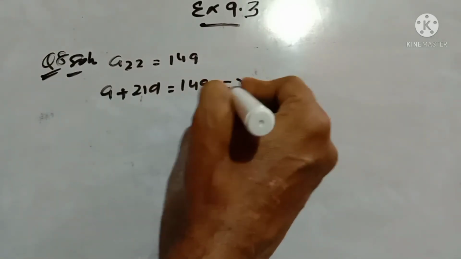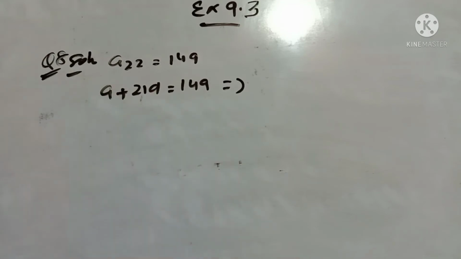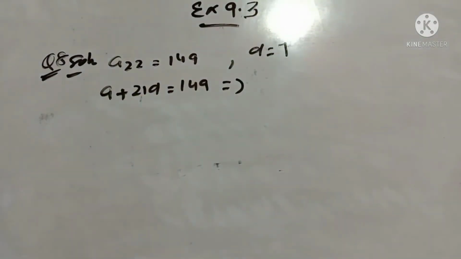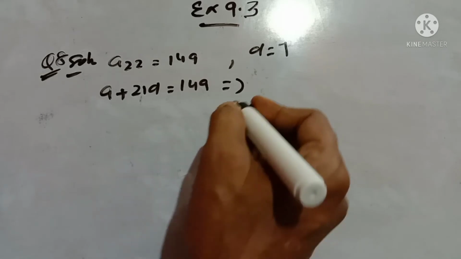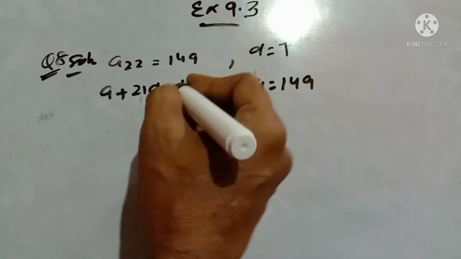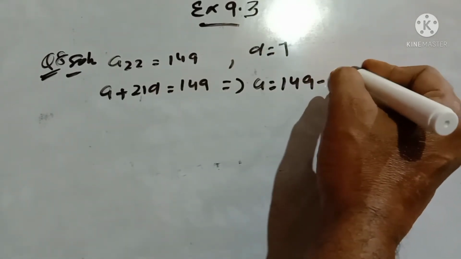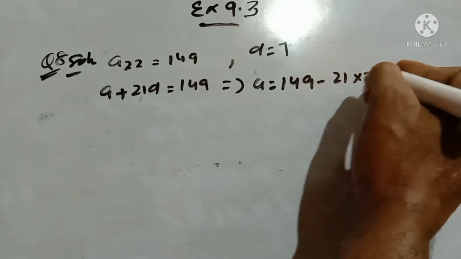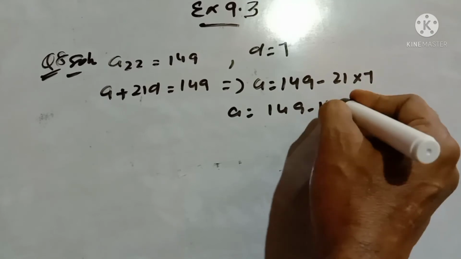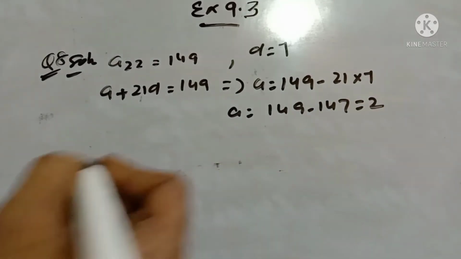The value of d is given 7. So we can write a is equal to 149 minus 21 into 7. a equal to 149 minus 147, that is 2. So our a has come 2.